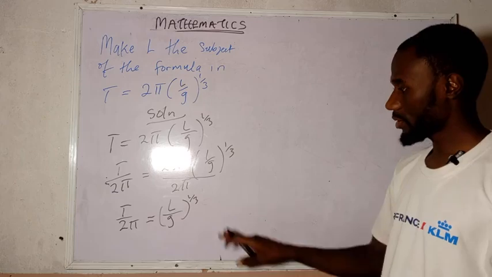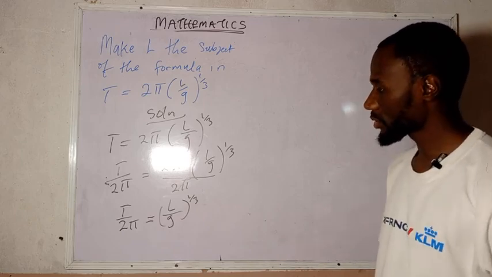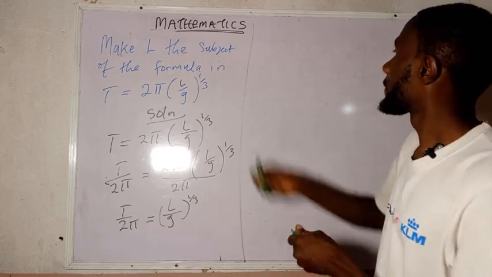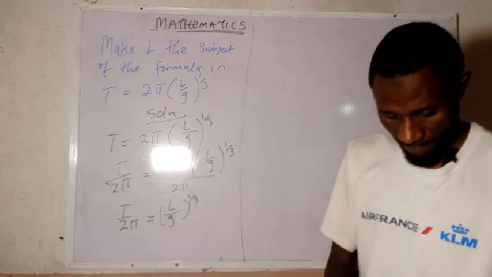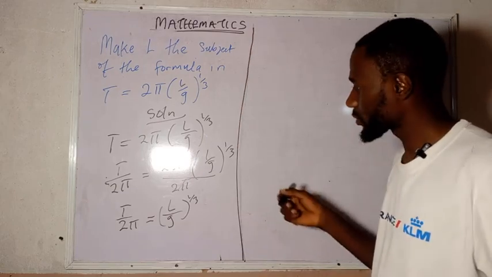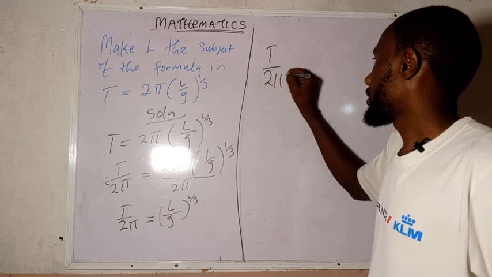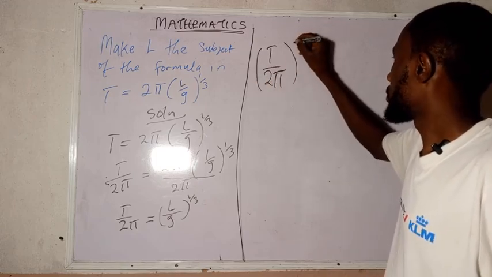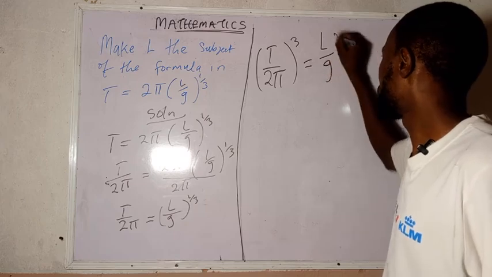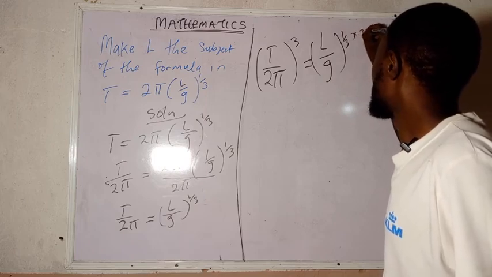Then to remove the 1 over 3, we can take the cube root of both sides. Let's take the cube root of both sides. If we take the cube root of both sides, we have T all over 2 pi, to the power 3, is equal to L over G, to the power 1 over 3 times 3.